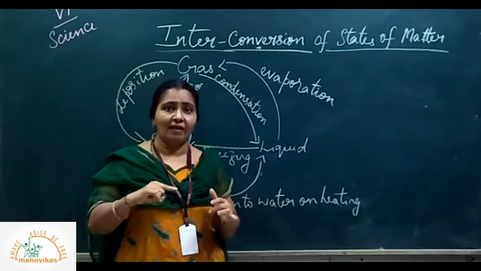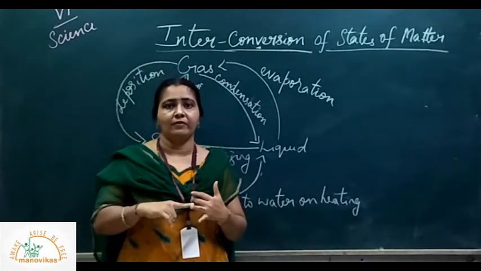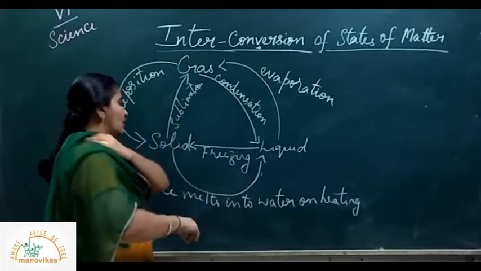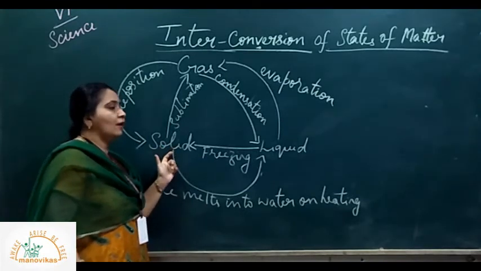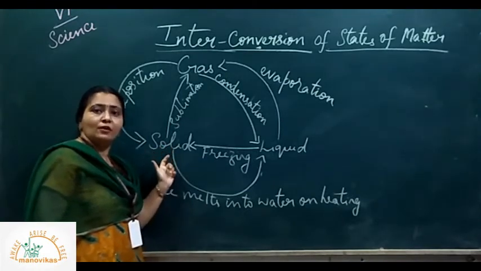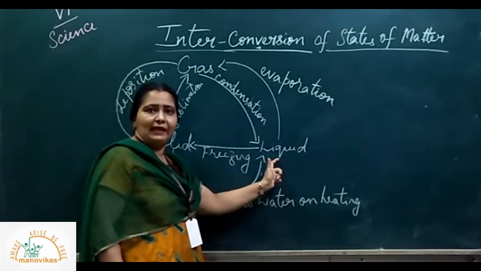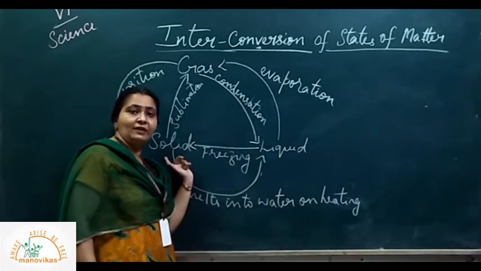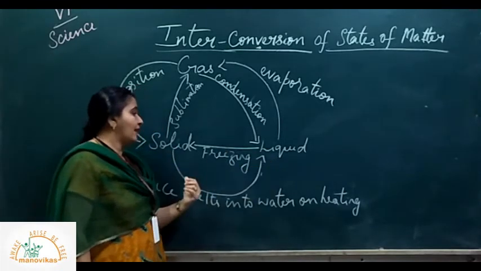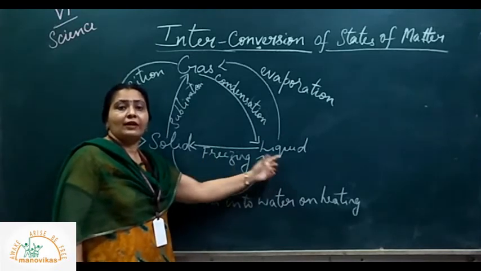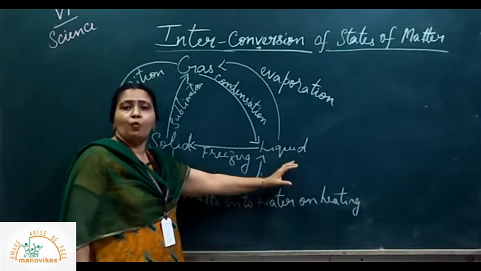So students, today we have learned about the interconversion of states of matter, right? Once again I will recap what we have learned today. First, the process by which solid changes into liquid on heating. That example I have also mentioned: ice melts on heating into water.